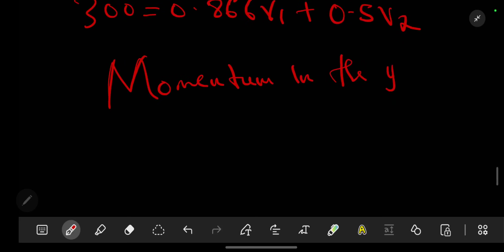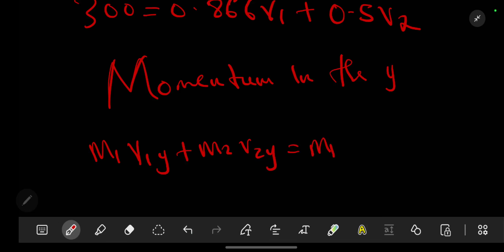So the momentum in the y should be equal to: we have m1 v1y plus m2 v2y should be equal to m1 v1 cap y plus m2 v2 cap y, like that.